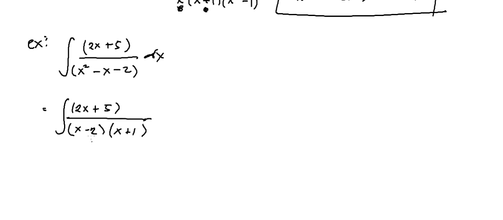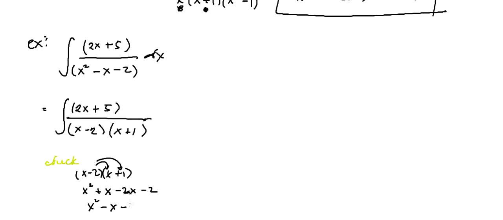If you want to check if your answer is right, you can multiply these two polynomials: x squared plus x minus 2x minus 2, which gives x squared minus x minus 2. So this term is equal to (x minus 2) multiplied by (x plus 1).